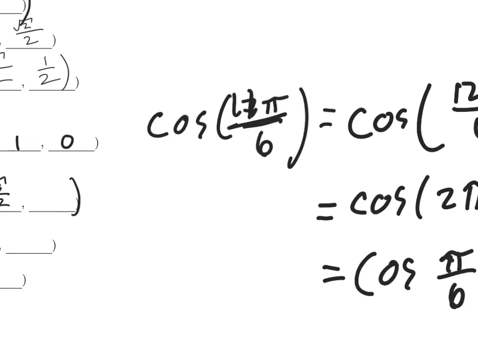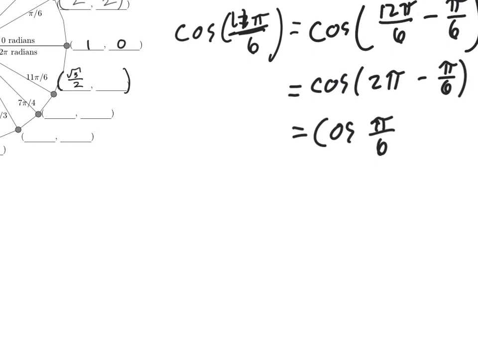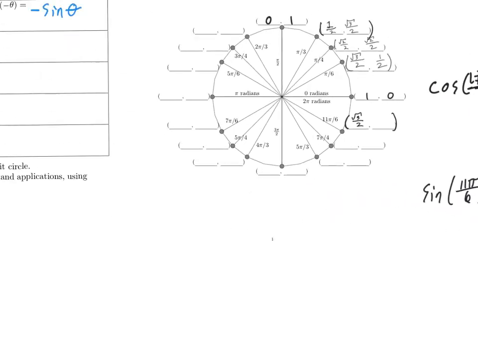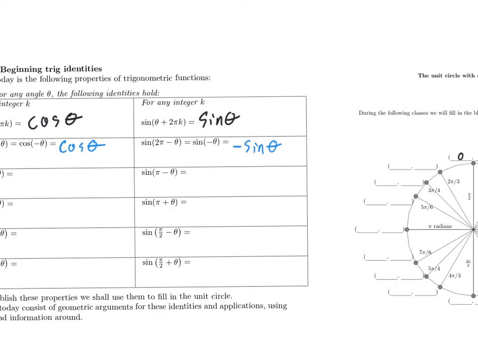Let's try to do the same thing for sine, and then I'll fill in the rest of them without doing the walk. If you want to compute the sine of 11 pi over 6, similarly, that's the sine of 12 pi over 6 minus pi over 6. So that's the sine of 2 pi minus pi over 6. And I know what happens when I do 2 pi minus an angle. Sine of 2 pi minus an angle is negative the sine of that angle.